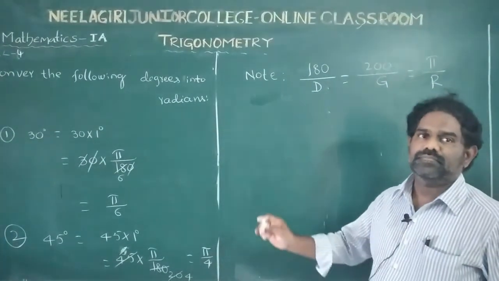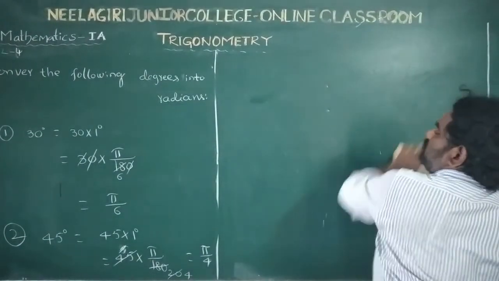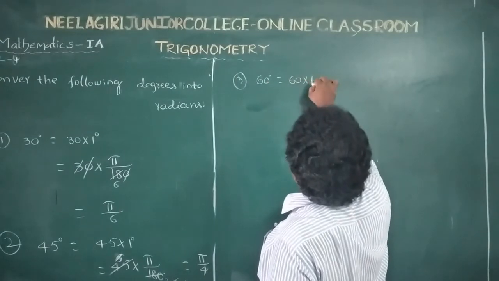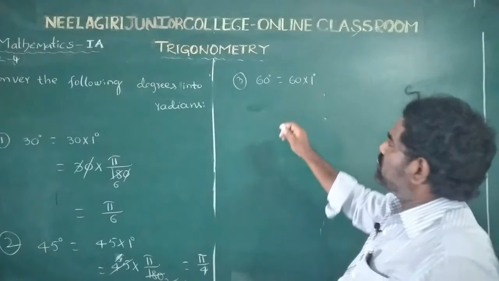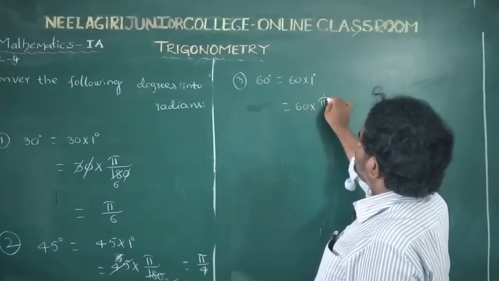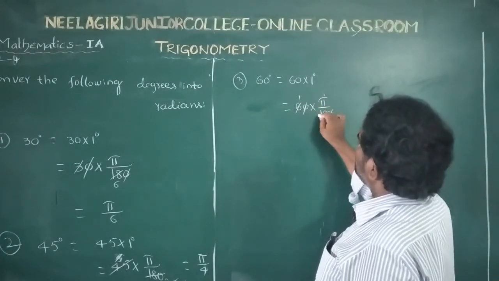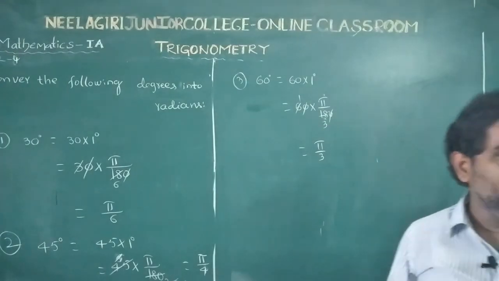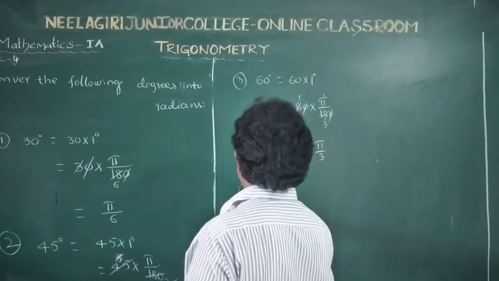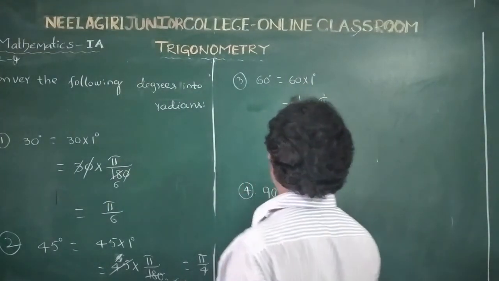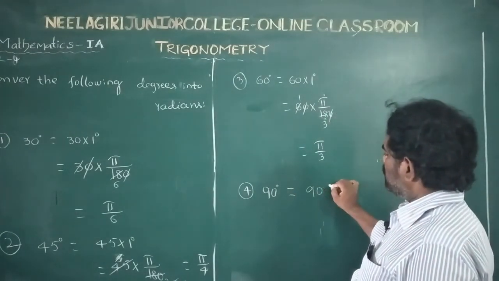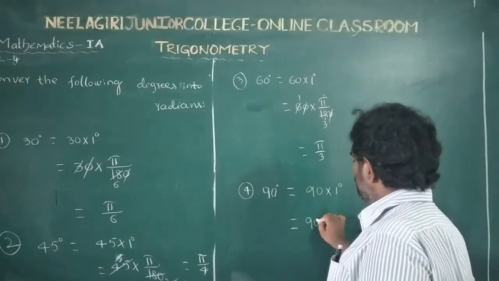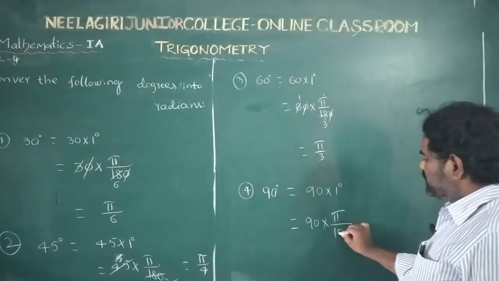One more question, 60 degrees. 60 degrees can be written as 60 into 1 degree, that is 60 into pi by 180 radians. 6 ones are 6, 6 threes are 18. 60 degrees equals pi by 3 radians. 90 degrees equals 90 into 1 degree, that is 90 into pi by 180 radians.